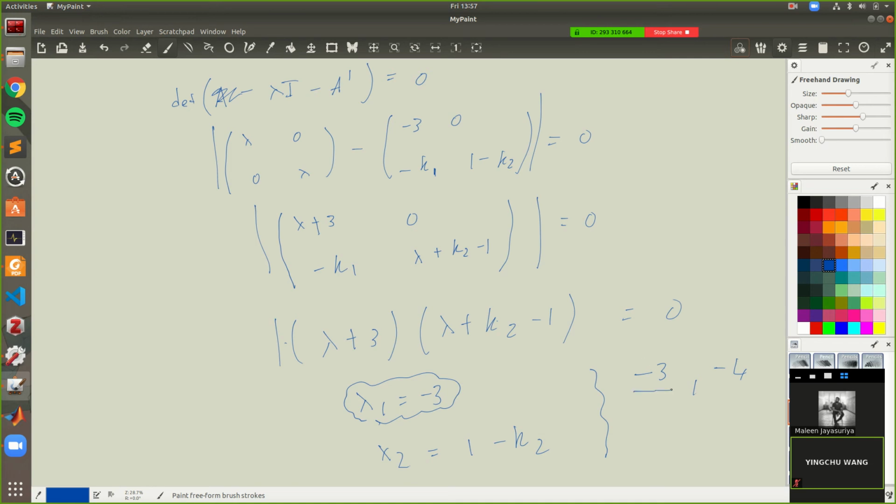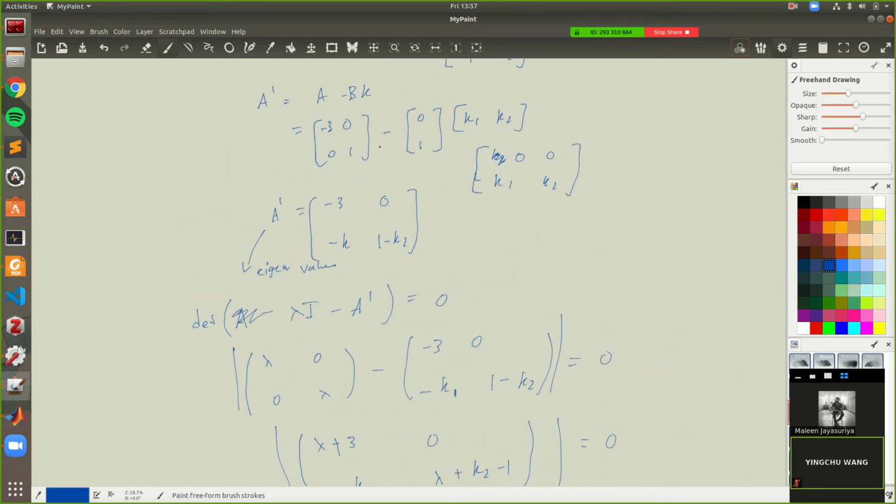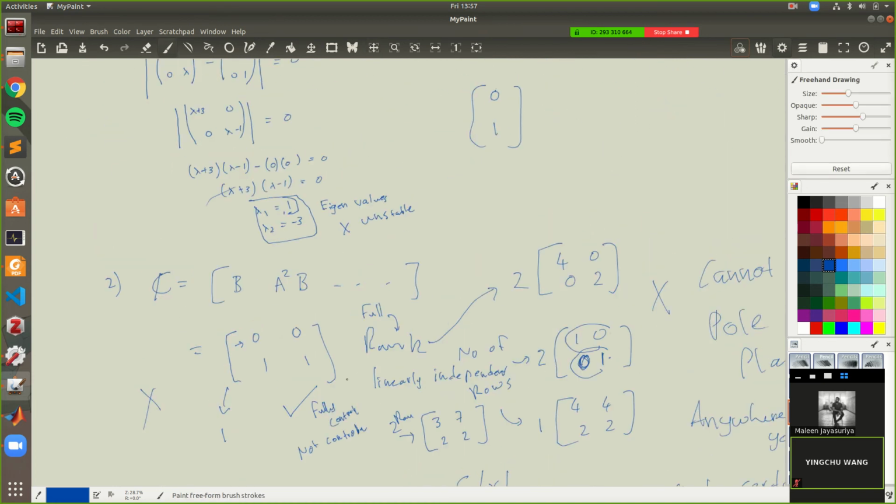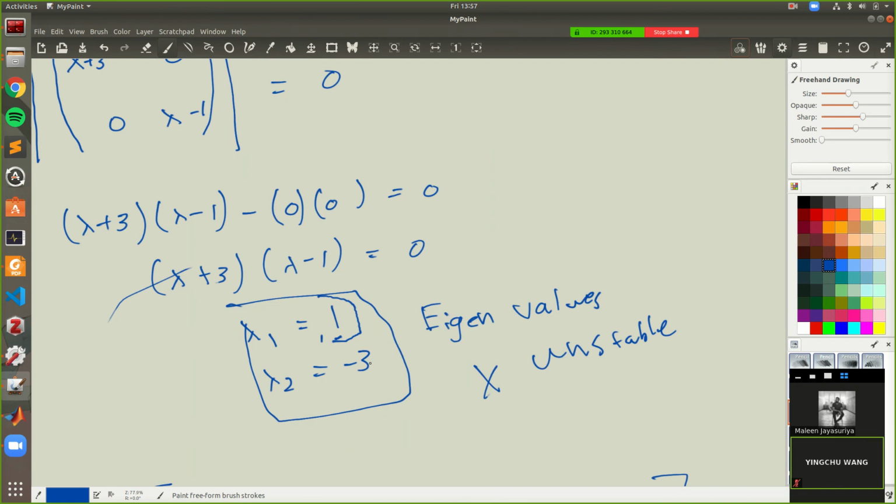But since we want it at minus 3, and all we want to do in this, if you remember the previous poles that we got, what were they? We got 1 and minus 3. This is the one causing the instability, not the minus 3. So although this system is not fully controllable, we can still control this one, lambda 1, so that we can make it negative.